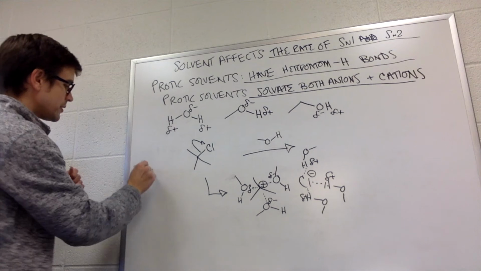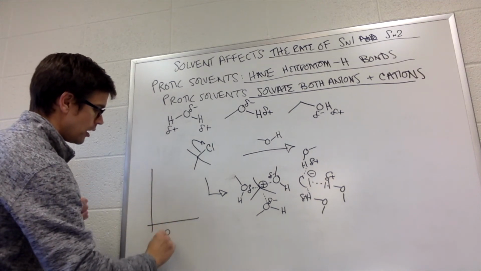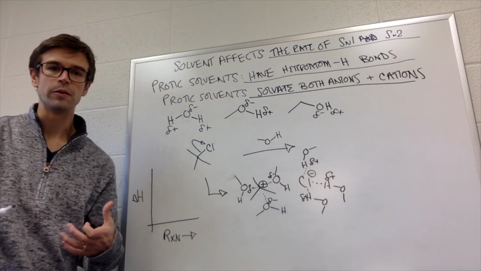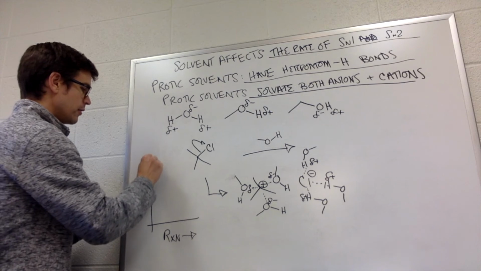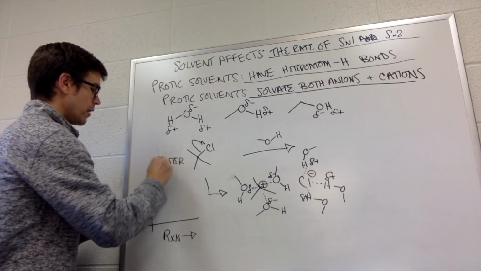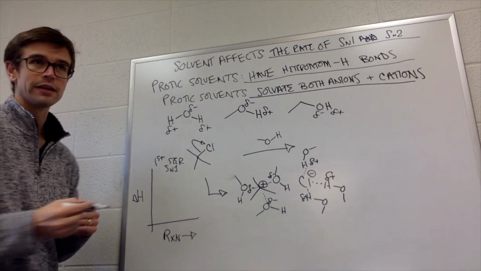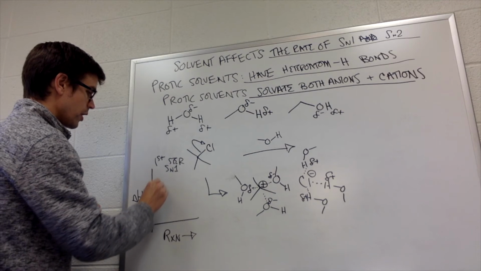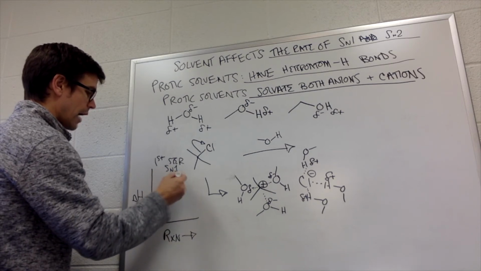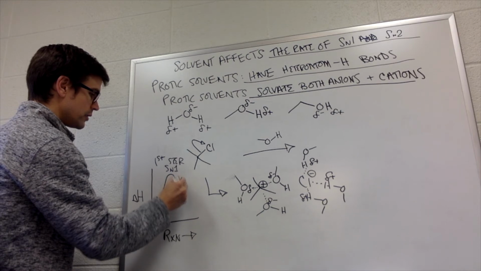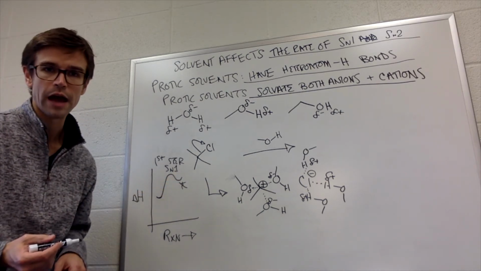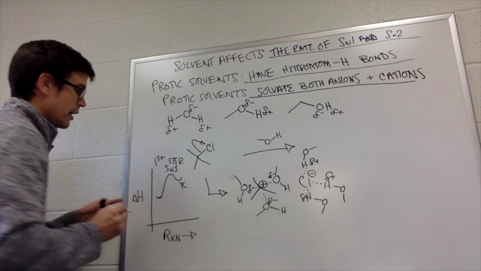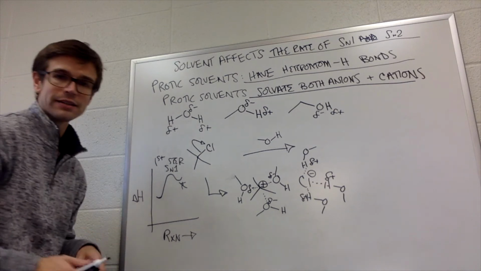So what does that do in the reaction? Well, let's think about the SN1 reaction. The first step of the SN1 reaction is rate determining, so we're just going to look at that first step. Essentially, we start at the starting materials and go up to the unstable tertiary carbocation. So what happens when we have a protic solvent? The protic solvent essentially stabilizes that carbocation.